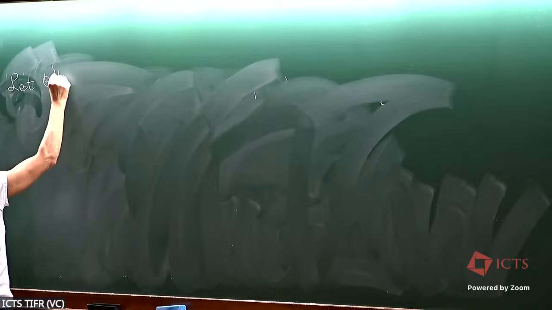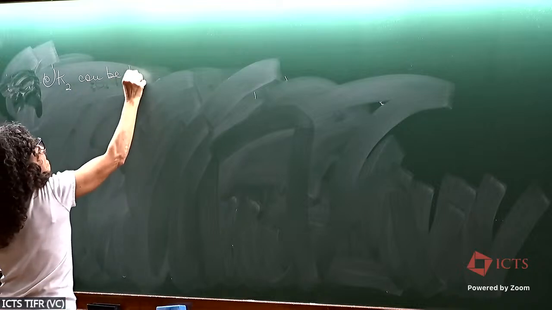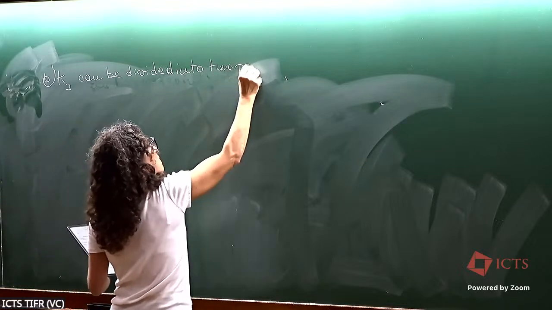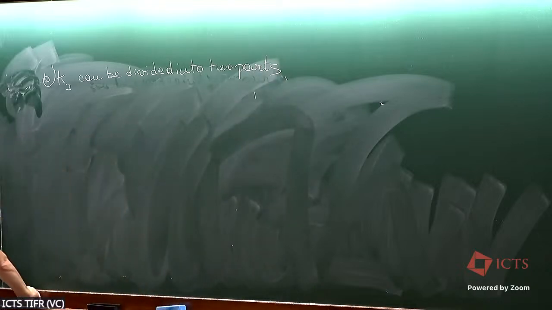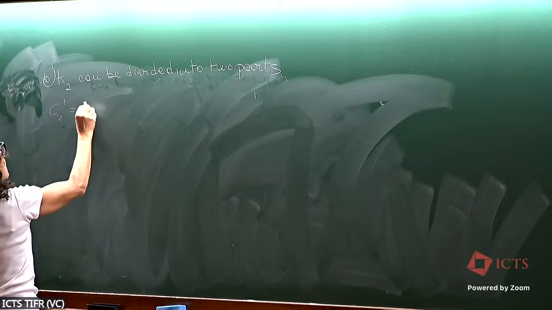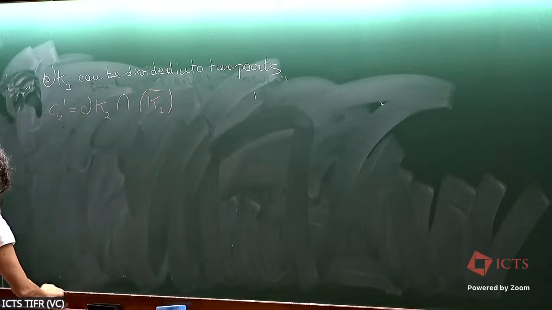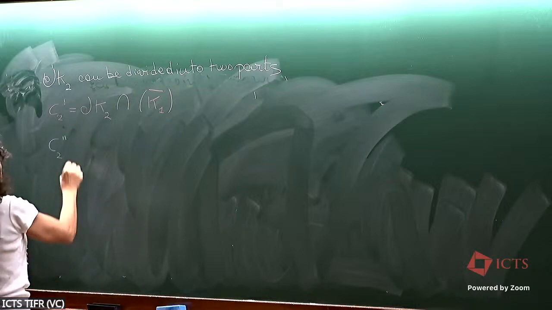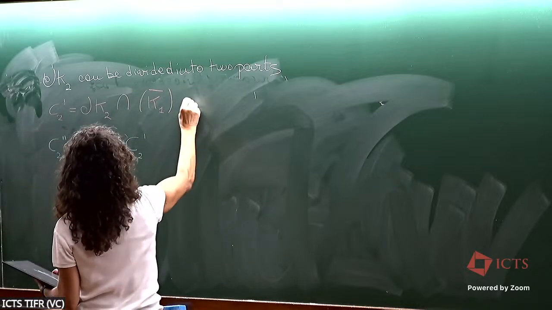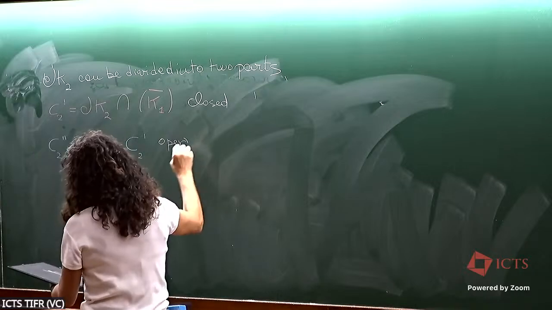The red one is C2 prime, equal to the boundary of K2 intersected with the closure of K1, and the blue one, C2 double prime, is the other part, the boundary of K2 minus C2 prime. So one of them, this one, is closed, and the other one is open, as a part of the boundary, of course.